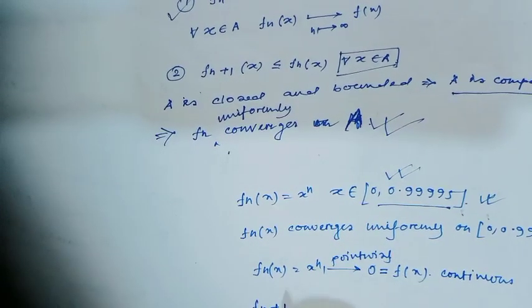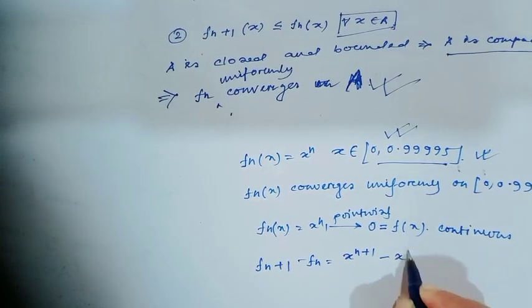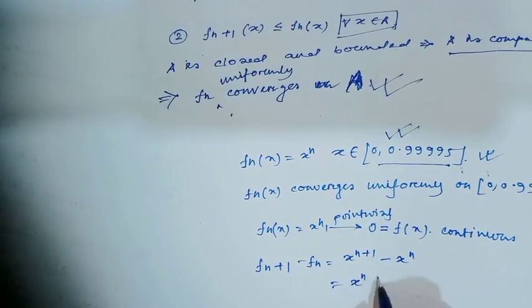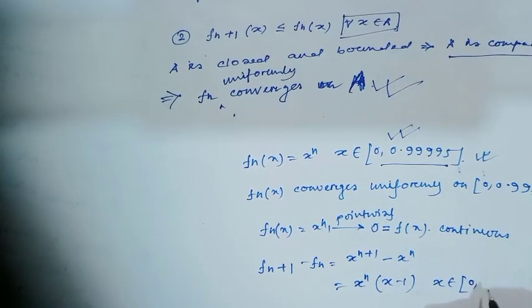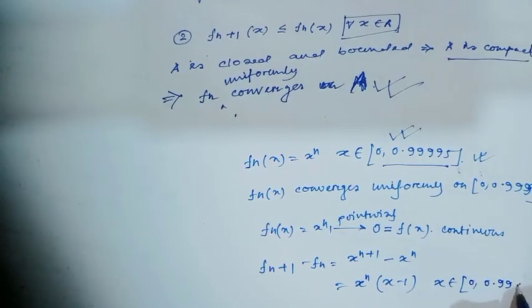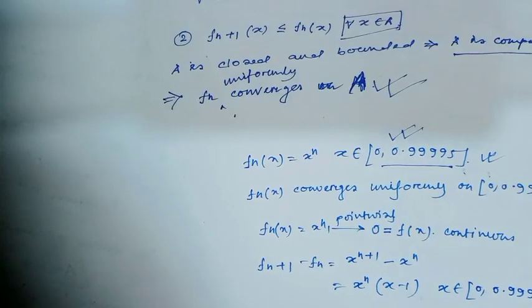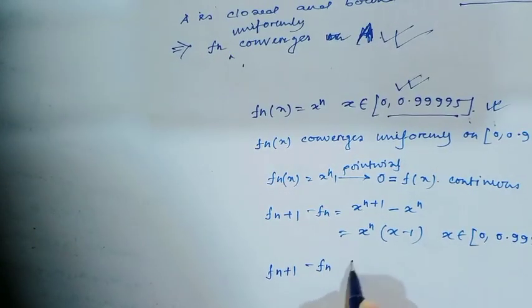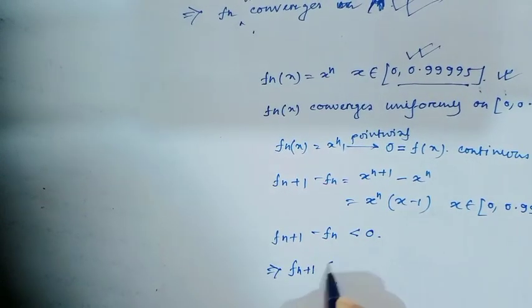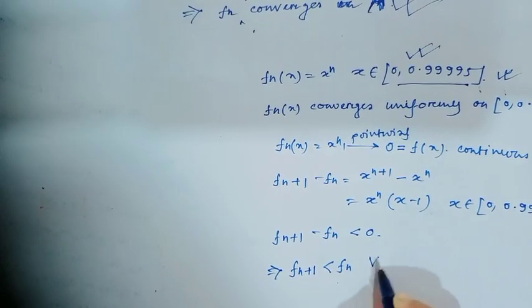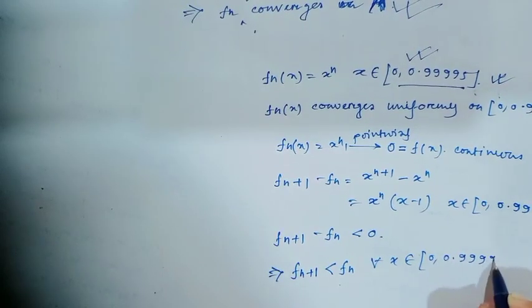Now Fn+1 minus Fn is equal to x to the power n+1 minus x to the power n, which is equal to x to the power n times (x minus 1). And since x lies in the closed interval [0, 0.9995], in this interval obviously Fn+1 minus Fn is strictly less than 0. That implies Fn+1 is less than Fn for all x belonging to this interval [0, 0.9995].